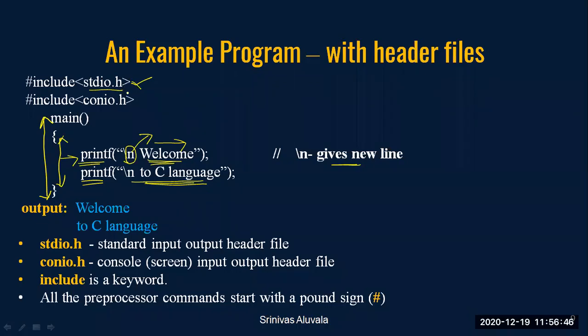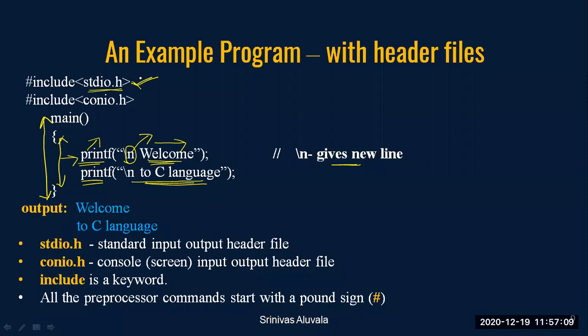A header file is a predefined file which already has some functions defined in itself. So when I'm using stdio.h, printf is an output function, and this printf is defined in the header file stdio.h.